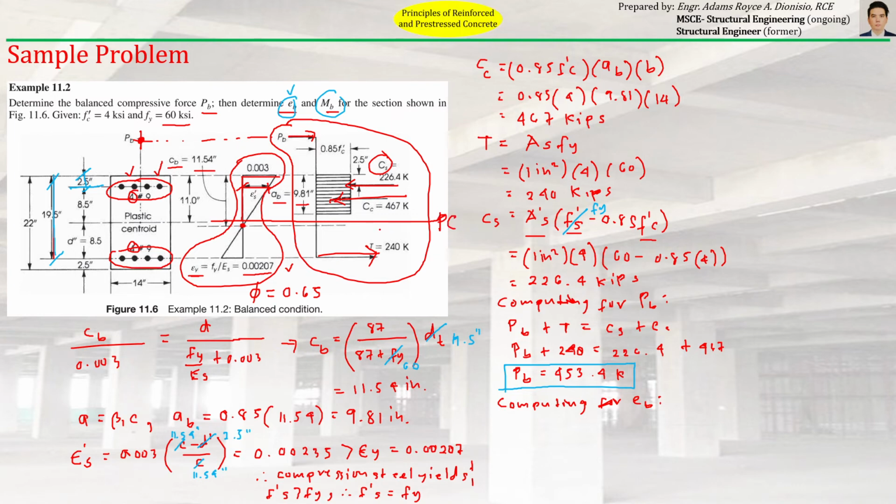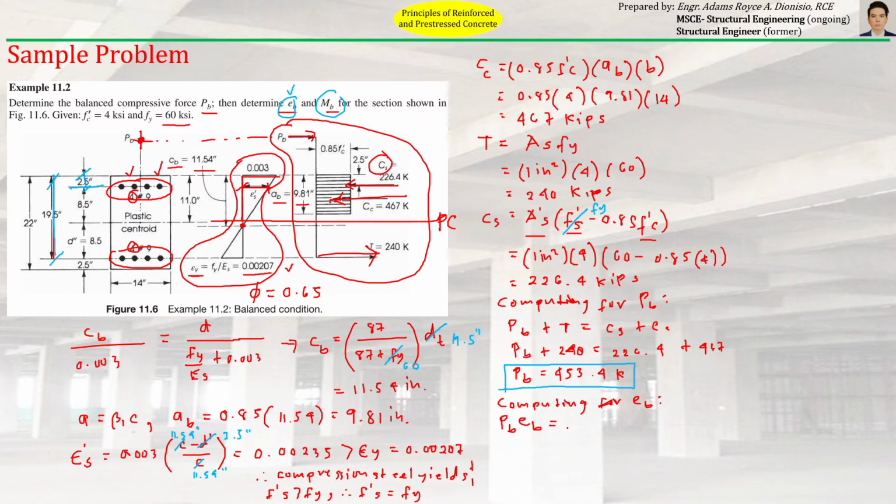Okay? So, we can just moment PB. Ang distance ng PB sa plastic centroid, we already know that. That is just the eccentricity. But since we are talking about the balance condition, lagyan lang natin siya ng subscript na B. Okay? So, clockwise moments yon. So, kailangan siyang i-balance itong mga counterclockwise moments coming from CS, CC, tsaka T.